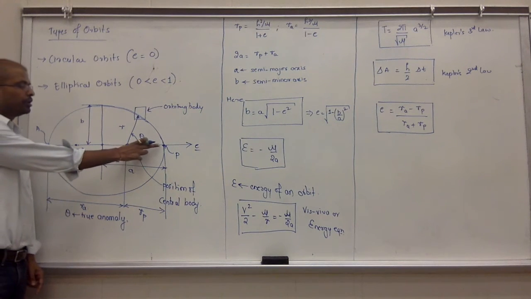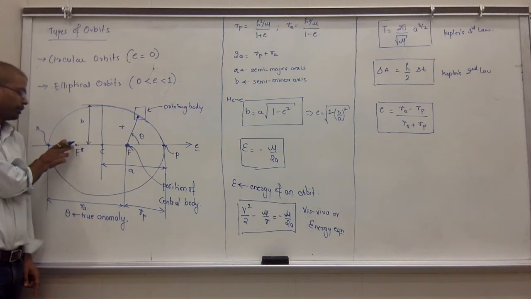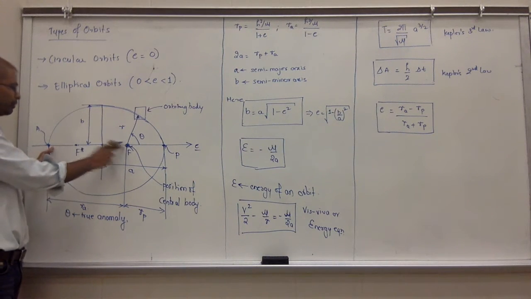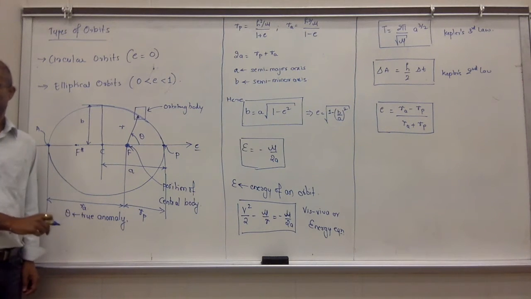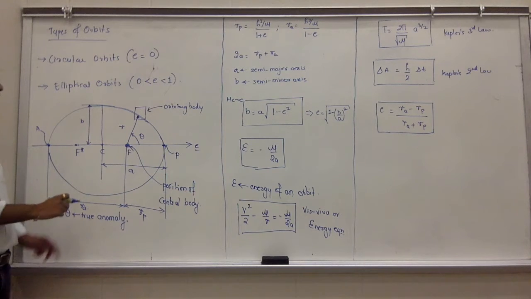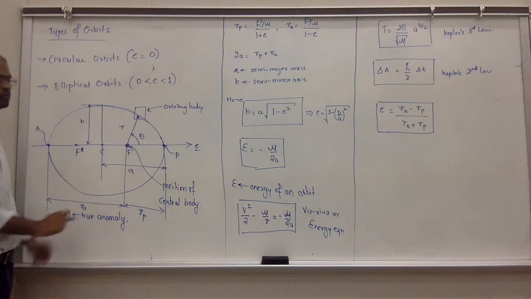If this is Rp, this is also Rp, right? So you have Ra minus Rp is this. Got it? And Ra plus Rp is this whole thing.